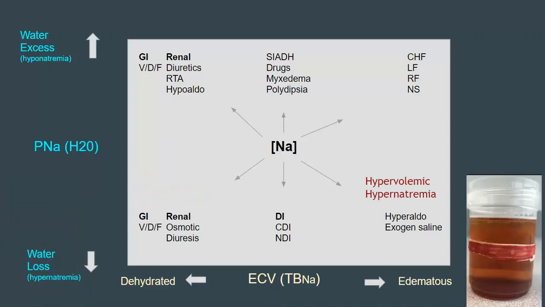Look at this patient. Again, another volume overloaded patient, but this patient is hypervolemic hypernatremic. Now, this is a rare bird down here. You don't get this way very commonly.